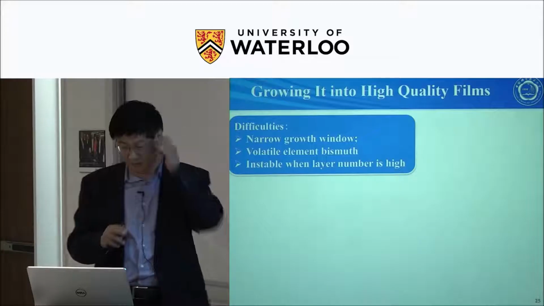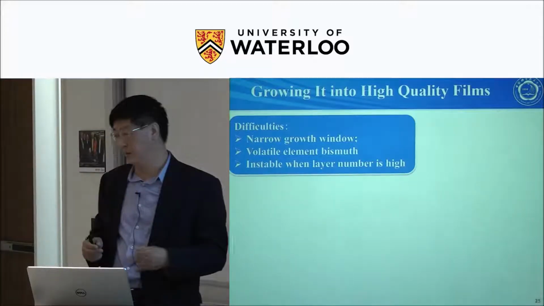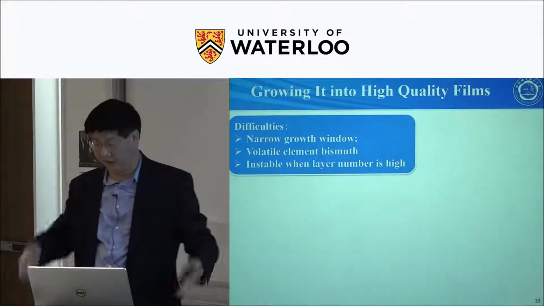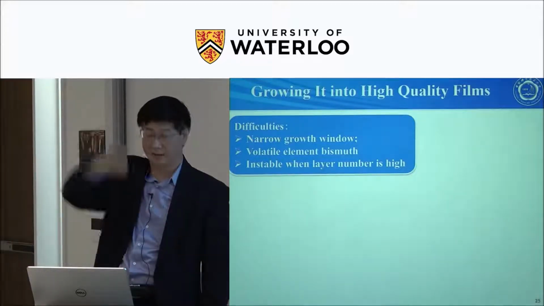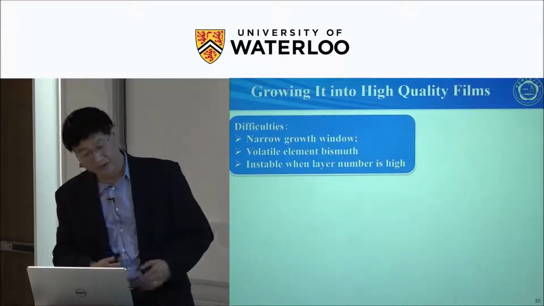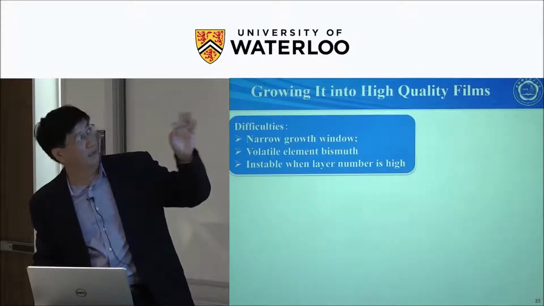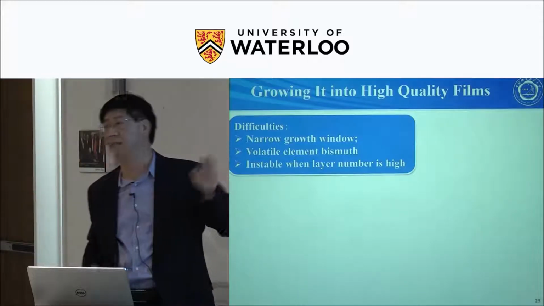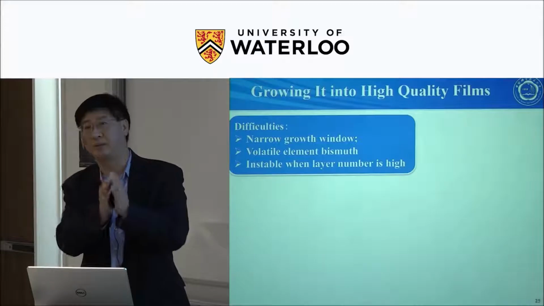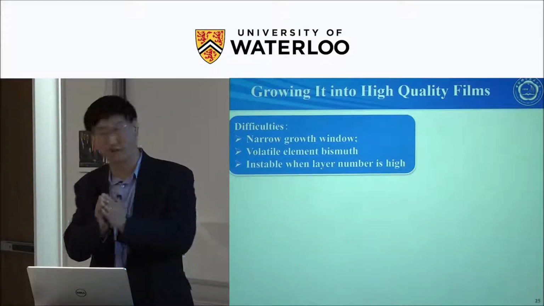So the problem is, as I just explained to you, the unit cell of this material is just like this table, okay? It's really high, but the bottom is small. This is unstable. Then we have a narrow growth window. That means in a growth system, the window for all the parameters for the growth is narrow.